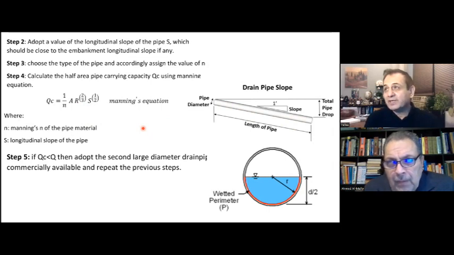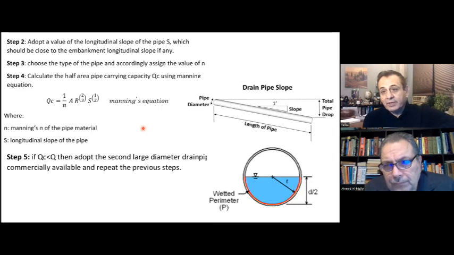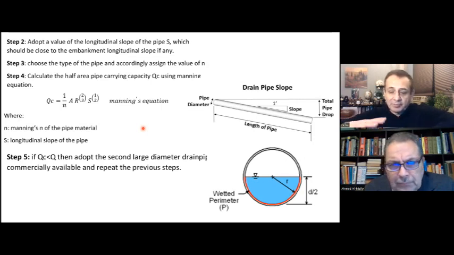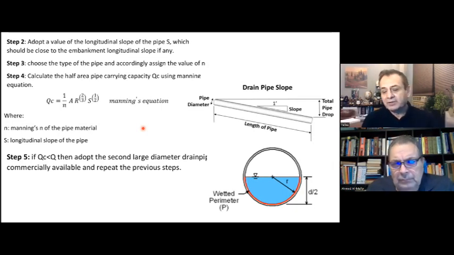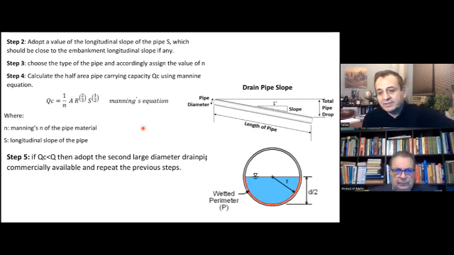Usually when we design, if the embankment has a longitudinal slope, we should go with the slope of the embankment, to have a homogeneous depth of soil over the pipe. So when you think about how much soil pressure the pipe can hold, you're going to have a uniform soil pressure if you slope it the same.